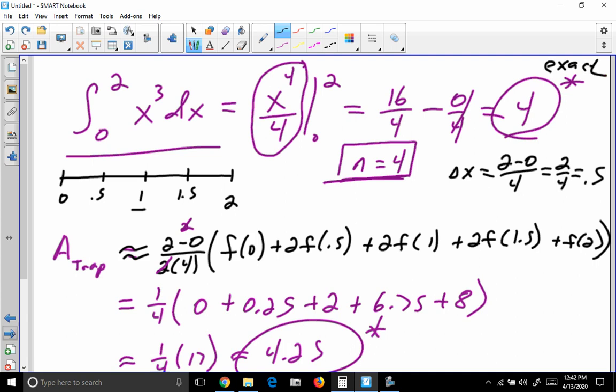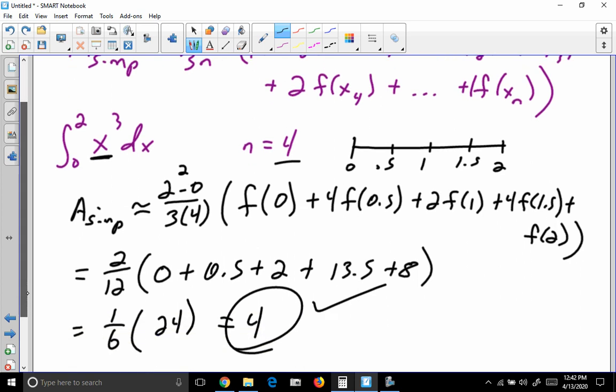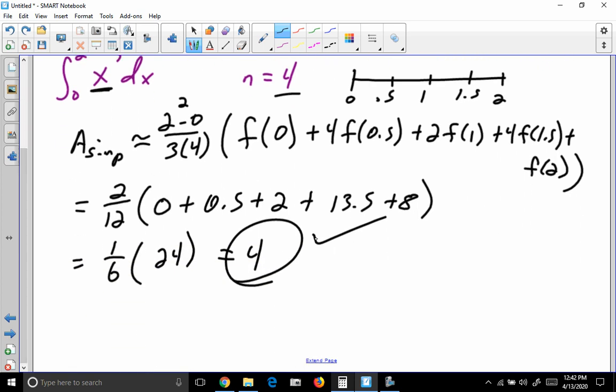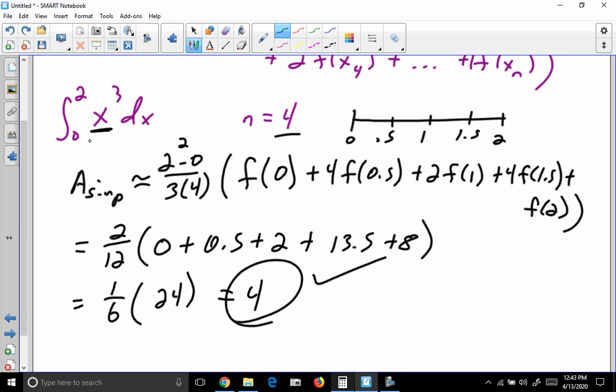It's not always going to be the case, but sometimes our area approximation using Simpson's rule is going to match the exact, because again, it's a curve. So curves are going to follow polynomials much better than straight lines would.